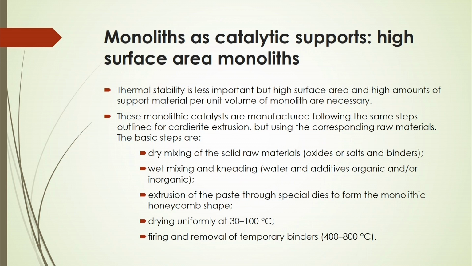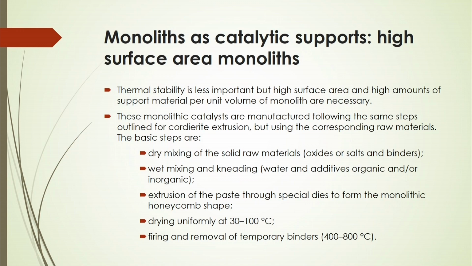These monolithic catalysts are manufactured following the same steps outlined in the case of extrusion of cordierite materials, but using the corresponding raw materials. The basic steps are: dry mixing of the solid raw materials, which should be oxides or salts, and binders.